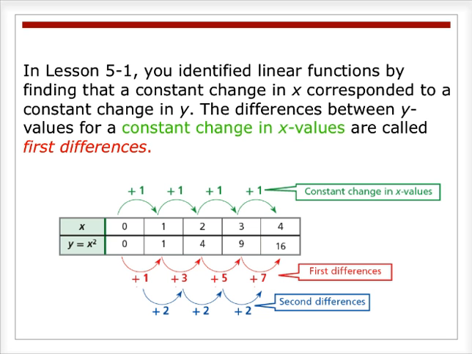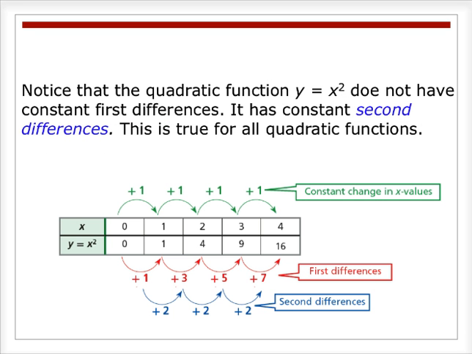The second differences in this case are constant. We have a constant change in the x values and a constant change in the second differences. And that's true for all quadratic functions. Y equals x squared doesn't have a constant first difference. Because it's squared, it has a constant second difference.